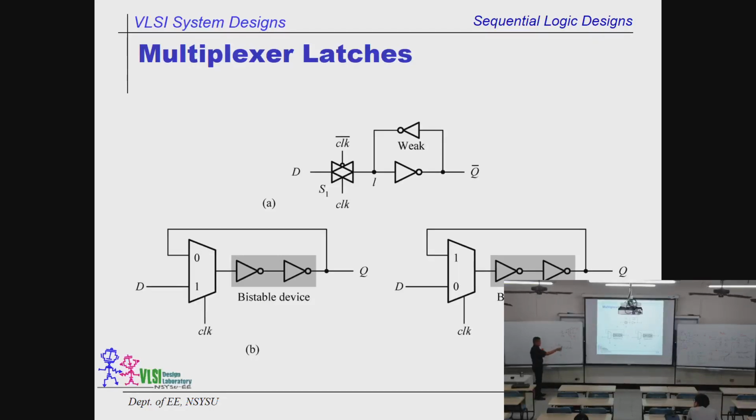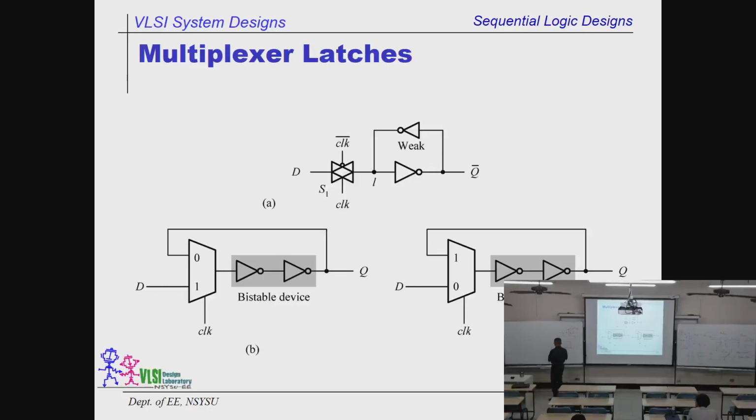You see, no matter which case you use, you always have a loop. This one, you also have a loop. See that? This is a loop. It's also a loop. So no matter which memory element you select, there's a loop. You cannot get away from that.